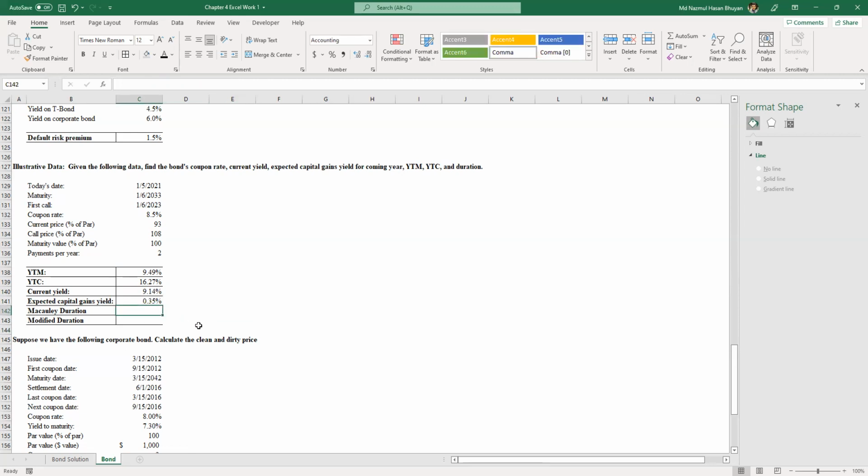Now, Macaulay duration. Macaulay duration and modified duration calculate the sensitivity of the bond price to changes in the interest rate. Okay, now let us calculate Macaulay duration, and the formula is duration.